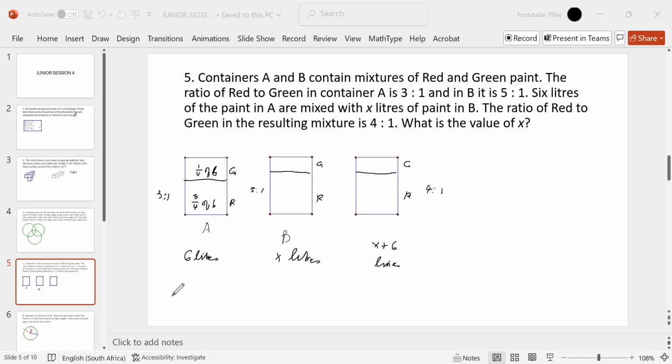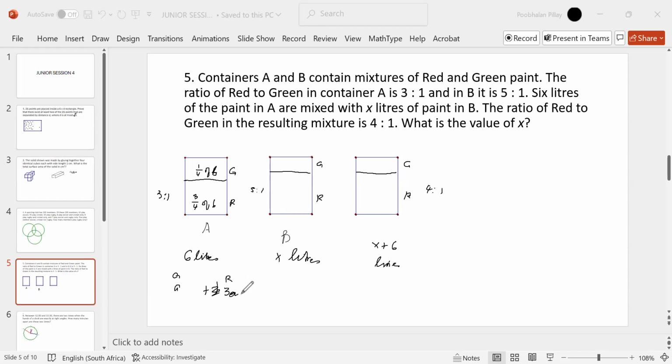If you don't like that, you can say, suppose I've got A liters of green, then there will be 3A liters of red, because the ratio of red to green is 3:1. So if you've got A here, this will be 3 times that.